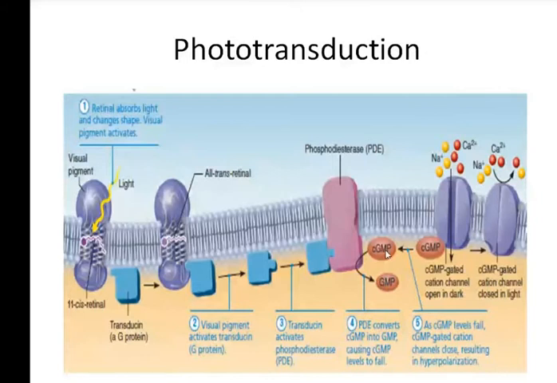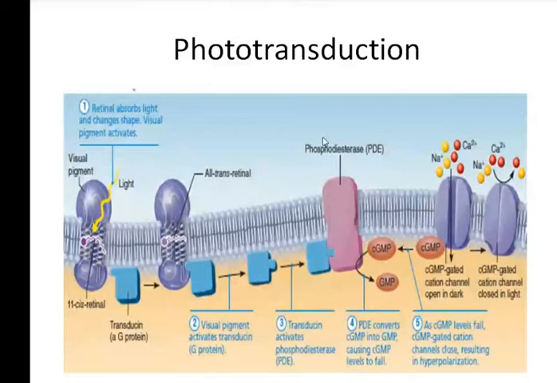So cGMP is converted to GMP by the enzyme phosphodiesterase, which is activated by transducin. This transducin is activated when light strikes the visual pigments and cis is converted to trans retinal. Am I clear? Shall I repeat it again?